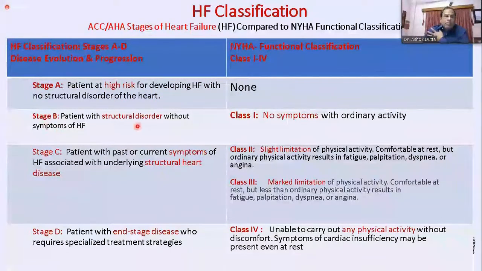On the other hand, if the patient has a risk factor plus structural abnormality but no symptoms, that is stage B. Stage C has structural heart disease as well as symptoms, that may be class 2 or class 3 symptoms, and stage D is the end stage of disease, class 4 symptoms, that means cannot perform any work without discomfort.